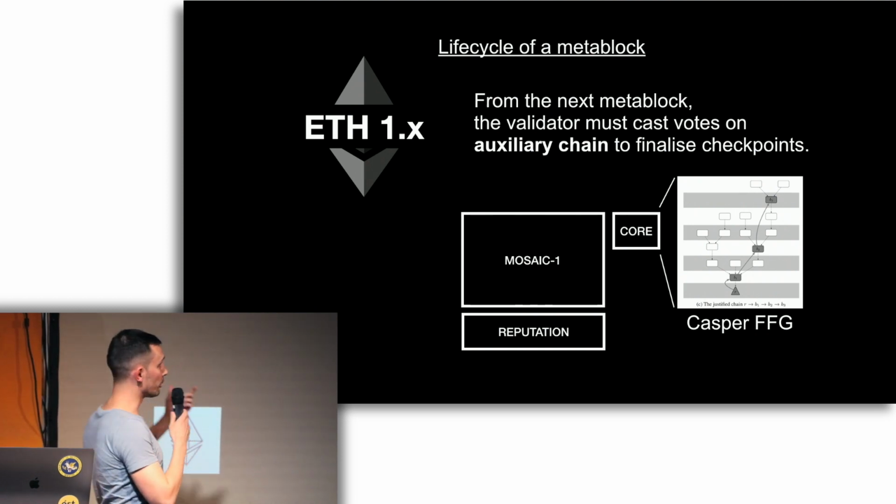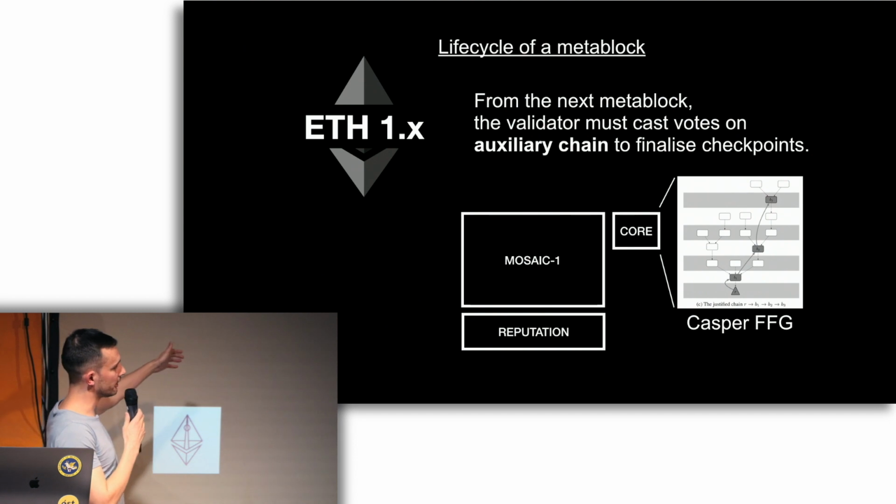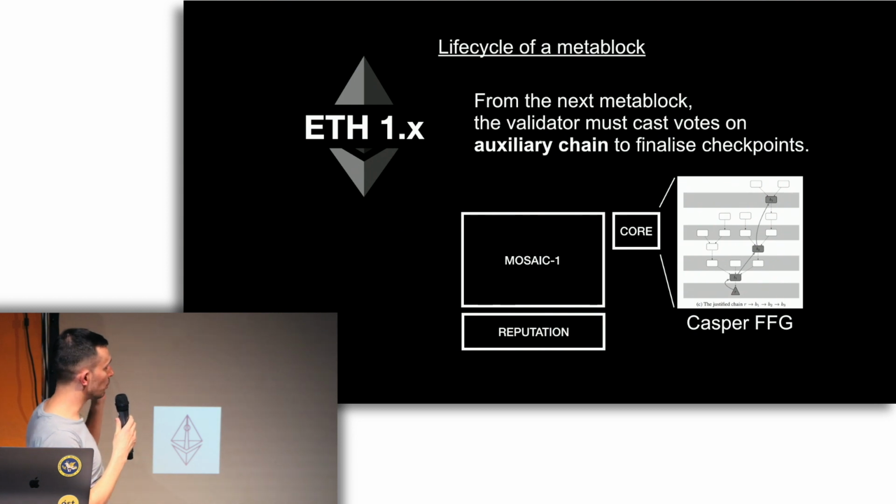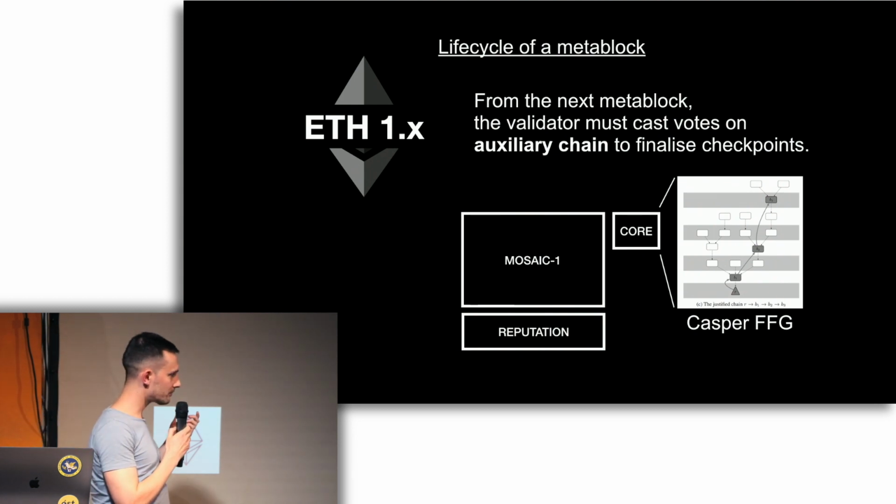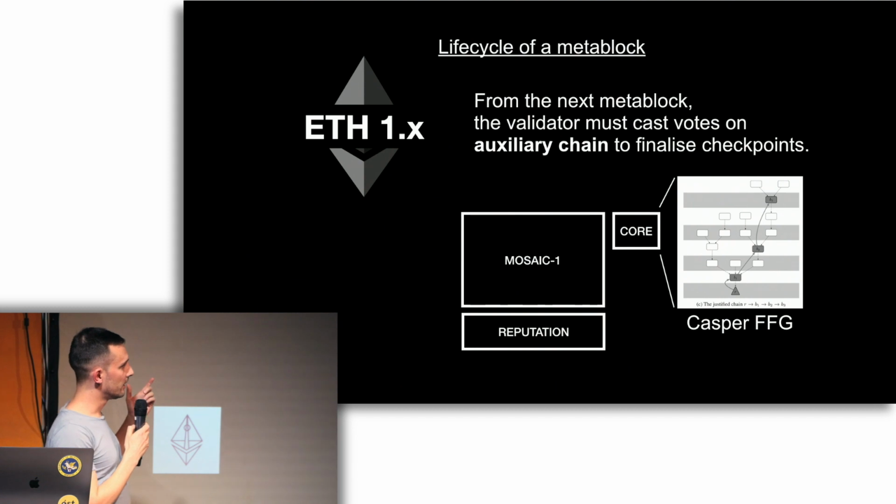So if you join on Ethereum as a validator, there's a concept of Metablock opening, which I won't go into detail because I wanted to paint the big picture, but if you take the quote from the next Metablock, it has a specific meaning.